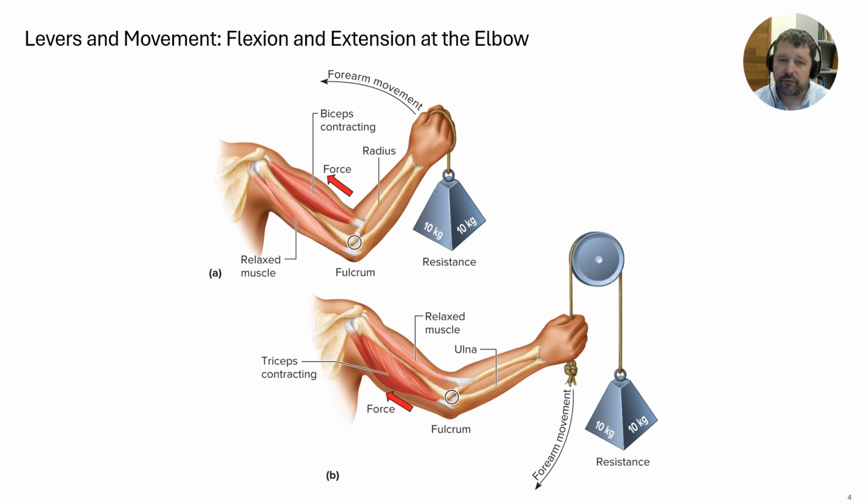The bicep is attached at different attachment points, and we'll come back and talk about this in a little bit. But the elbow joint is going to act as the fulcrum, the point at which the two bones, or the two rods, are attached, and the point of movement, or the point of connection.